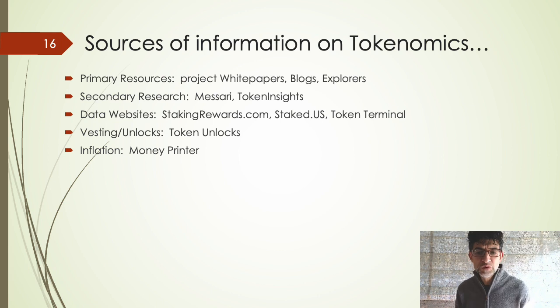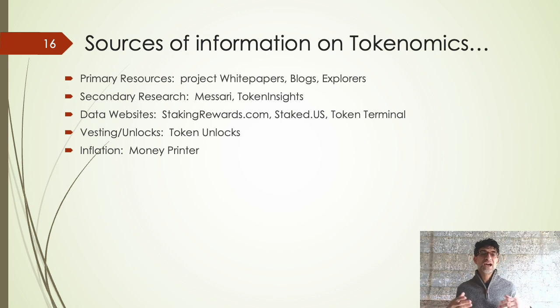So I promised you I would give you information on sources of information to get all this detail on tokenomics. So you can go to project white papers, for example. White papers have information on the vesting schedule. You can go to the foundation, the blogs, the Etherscans, explorers of each project.